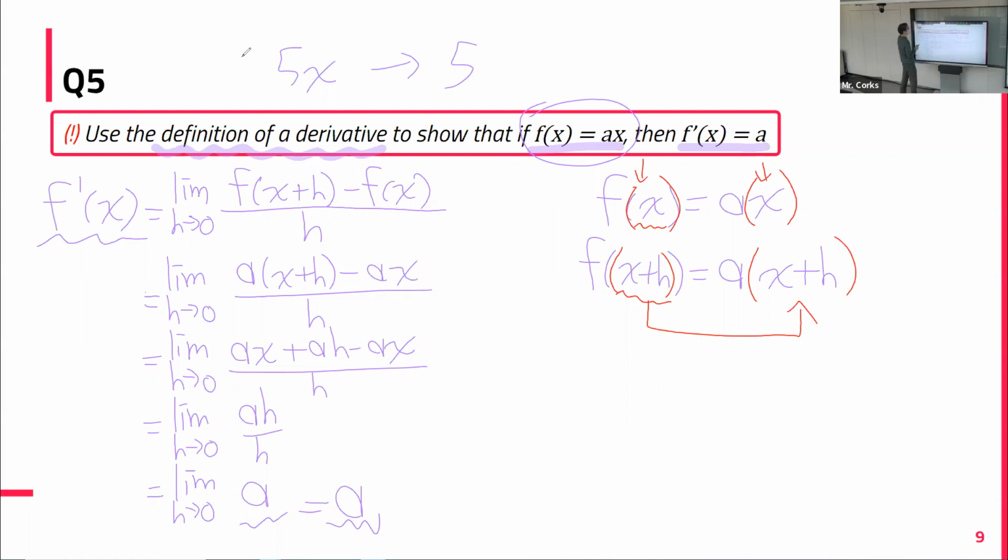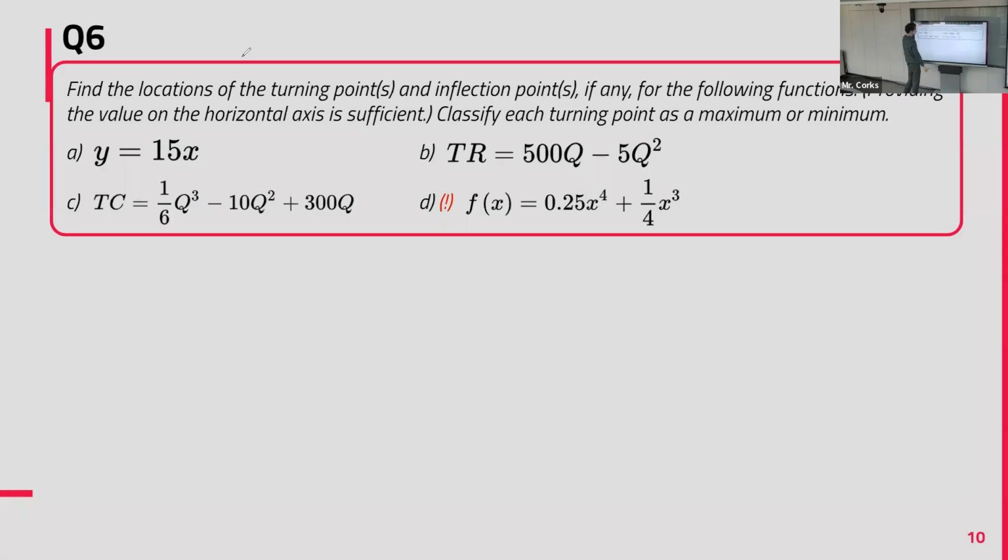Okay, next question. Critical points, so turning points, and inflection points for each of these. Again, we'll do A and B first. I'll give you 2 minutes to work on A and B, and then we'll look at C and D after that.